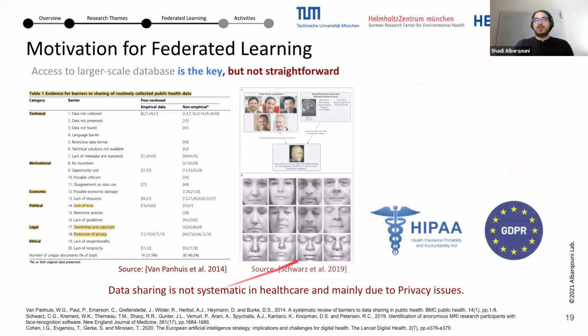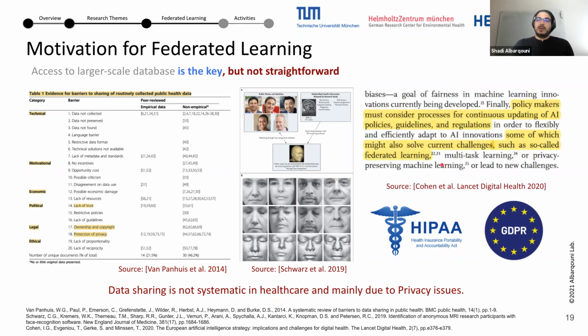Besides, privacy concerns have been triggered after a couple of works showing that even anonymized brain MR data can be identified if we have access to facial recognition databases. This is where a lot of regulations came recently, like HIPAA and GDPR, suggesting that federated learning could mitigate these challenges.